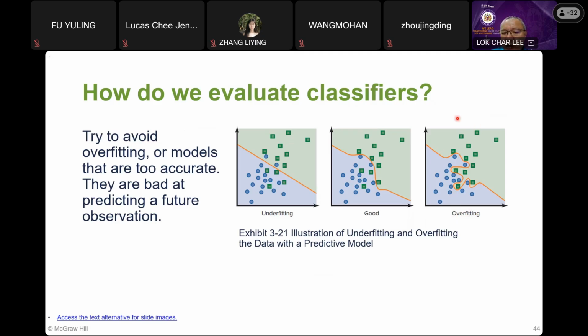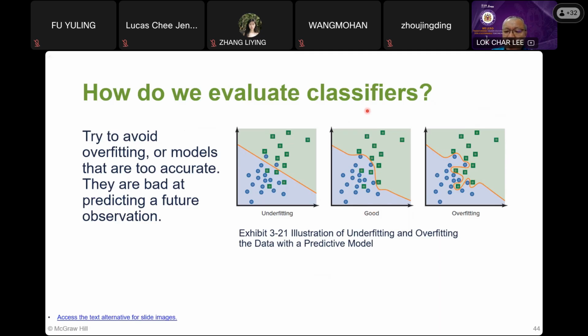All the 1s and 0s are divided over the line. So this is a case of overfitting. This is a case of good fitting. This is a case of underfitting. So in the model design, you need to find a good fit instead of underfitting or overfitting. So this is what they mean by overfitting.